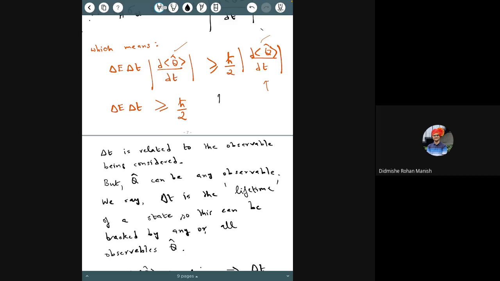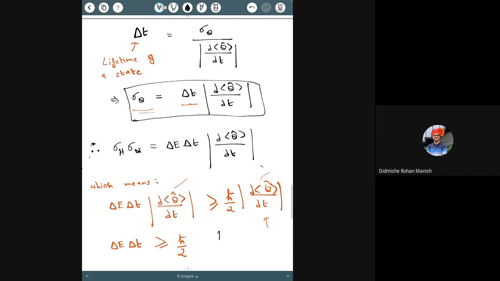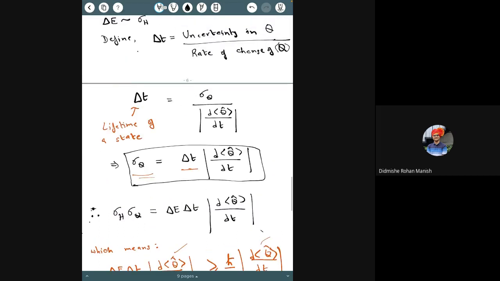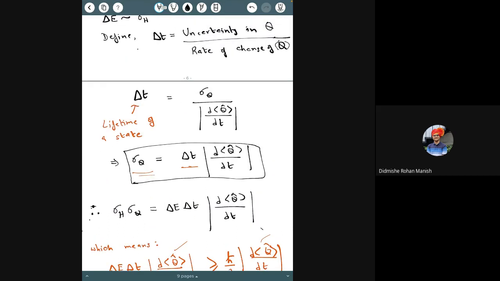And we are mathematically writing this as dQ dt, and we're relating the uncertainty in measuring the quantity, which is sigma Q, to the time evolution of the state, delta t, multiplied by the rate of change of that property.